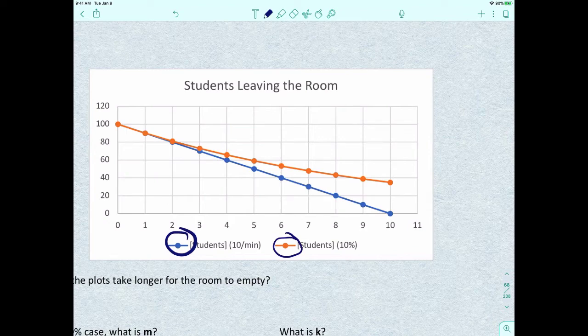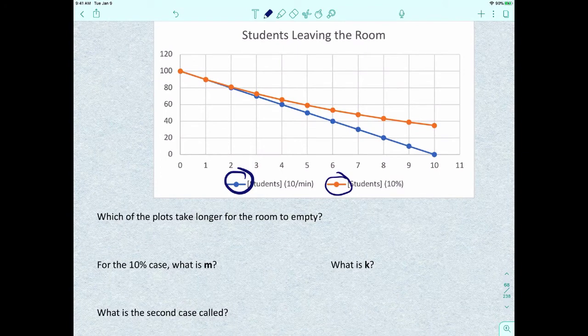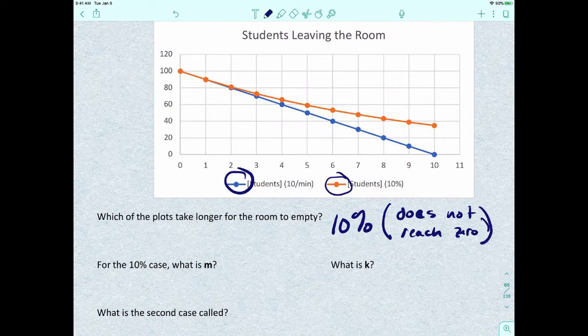You're always going to have a number like 10 to the minus 12th or whatever. So which of the two plots takes longer for the room to empty? It's the 10% one, because this plot approaches 0 but never gets to 0.